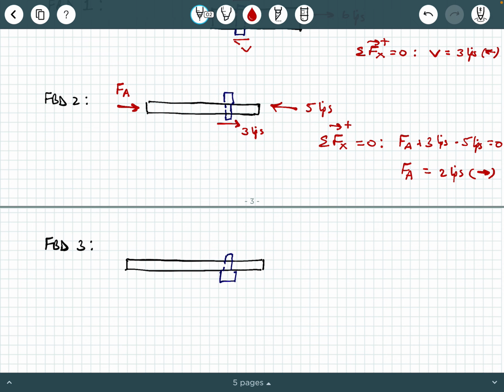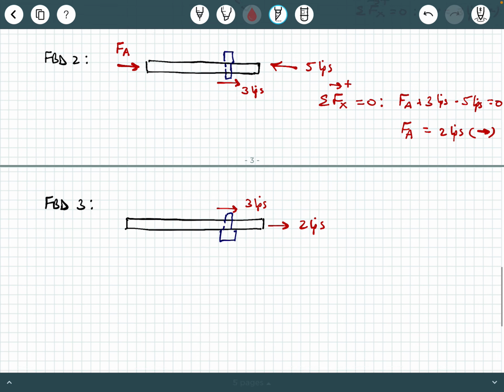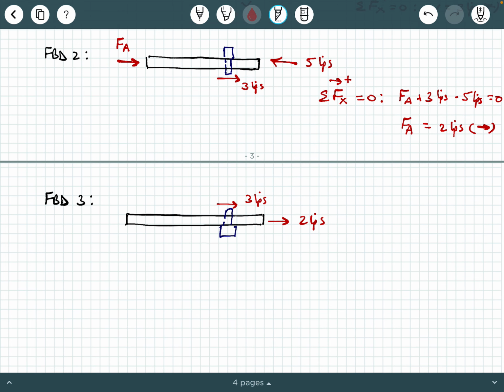And what forces do we have here? Well, we have the 2 kips here, and then we have the 3 kips here. Again, the 3 kips is pointing to the right, which is the opposite of what we saw here. V was pointing to the left in free body diagram number 1.